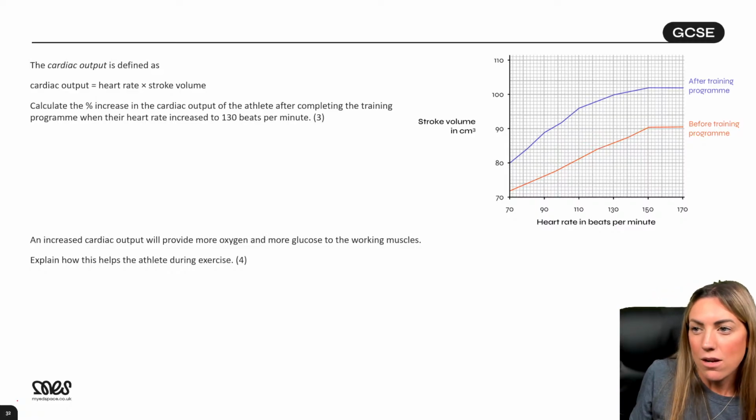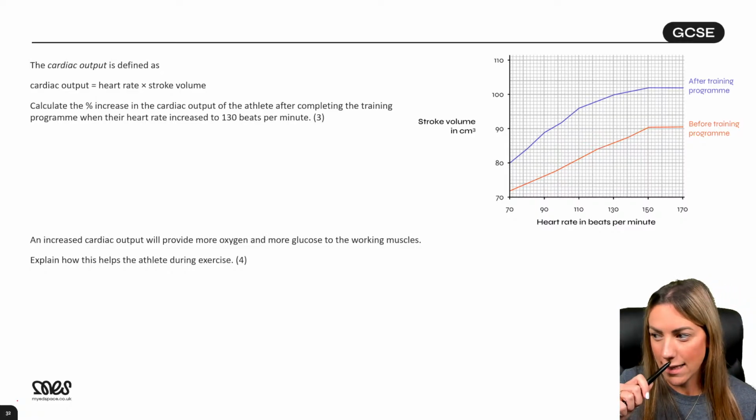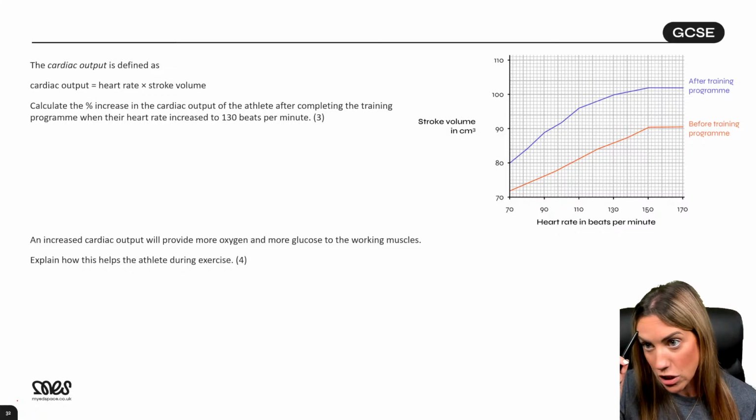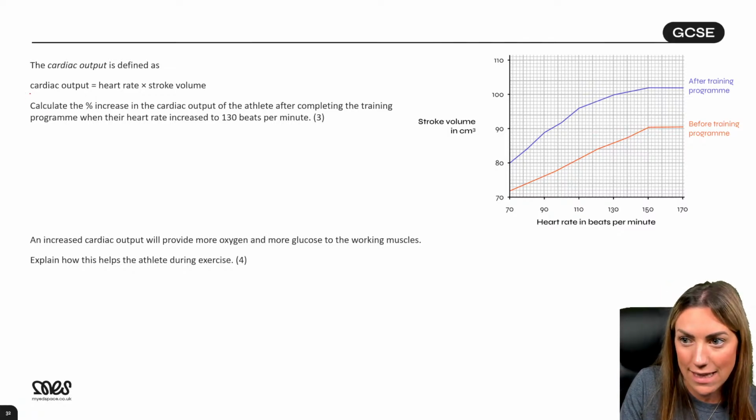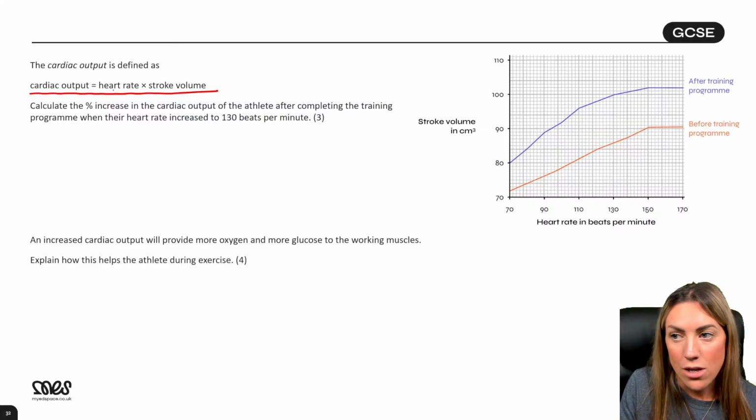Okay, right. Again, probably one of the hardest questions that we've done. We've got cardiac output, and they've told us how to calculate cardiac output. Your cardiac output is your heart rate multiplied by your stroke volume.